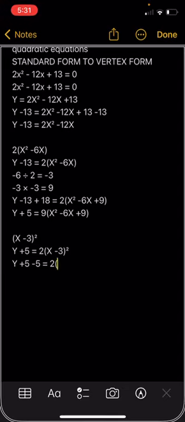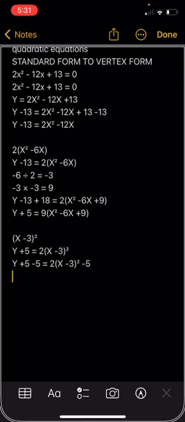No, sorry about that. Yes, that's correct. x minus 3 quantity squared minus 5.